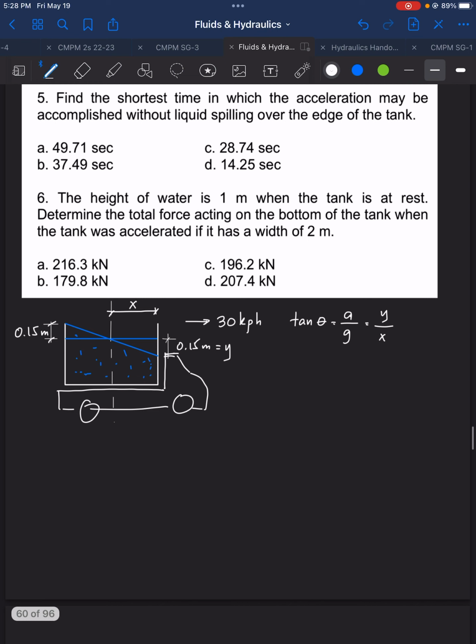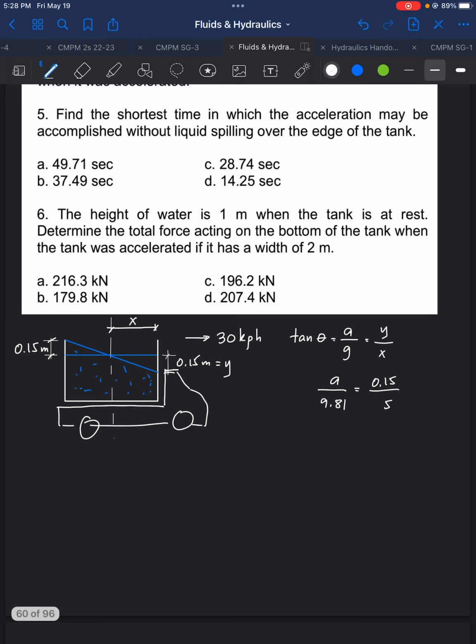For the acceleration, it's not given. The rise of the fluid is 0.15, and the distance x is 5 meters because the length of the tank is 10 meters. Therefore, acceleration here is equal to 0.29 meter per second squared.